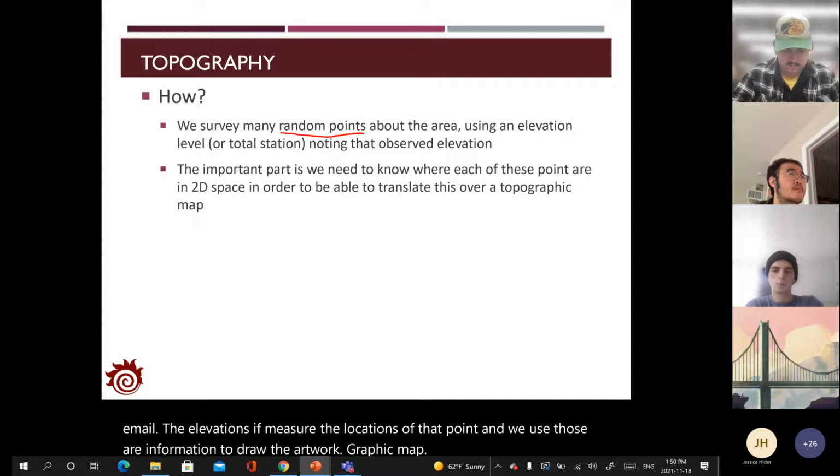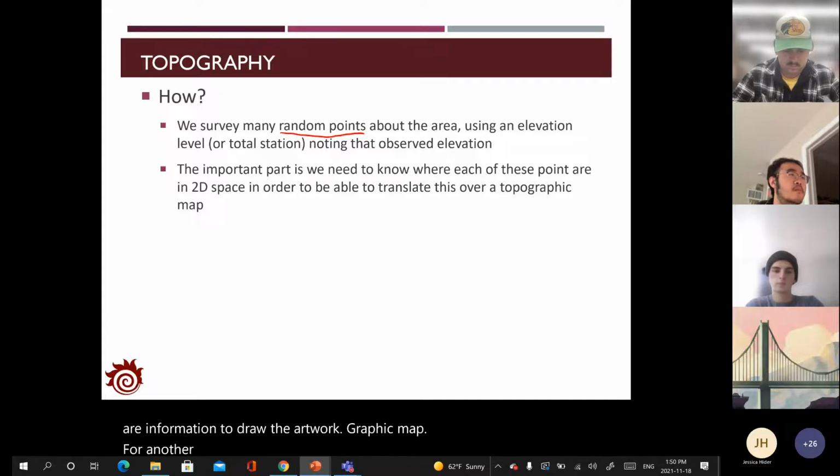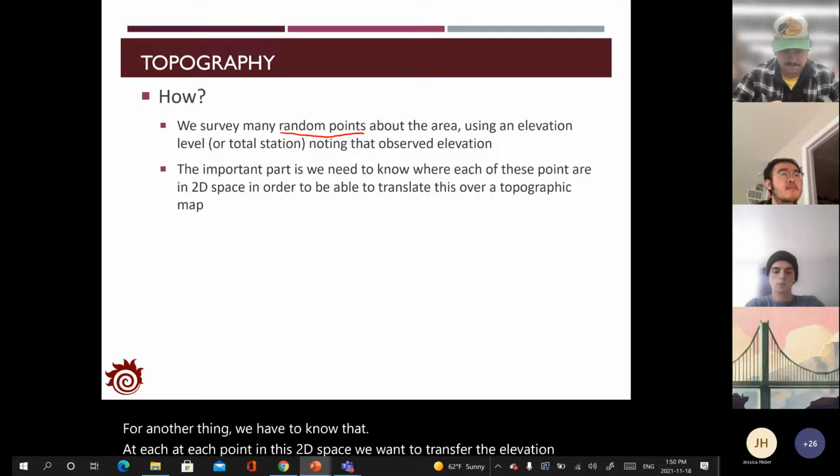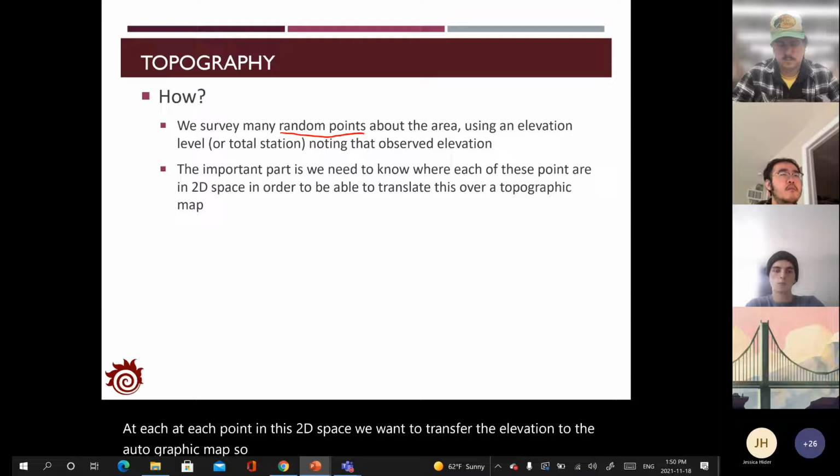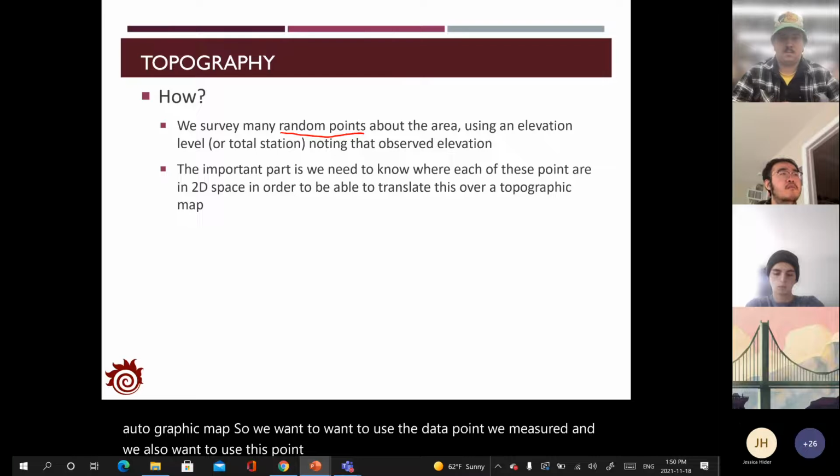Another thing we have to know is that at each point in this 2D space, we want to transfer the elevation to the topographic map. So we want to use the points we measured to interpolate the other points that we haven't measured.